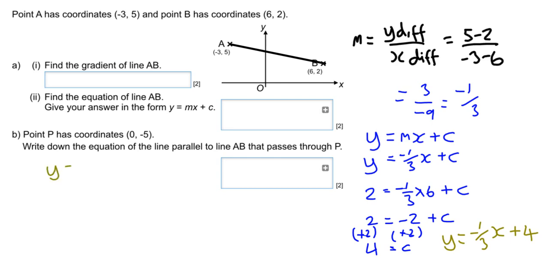So I can do exactly the same thing. y equals -1/3 x plus c. It's going to be a different c because it's parallel, but the gradient will be exactly the same. But this one goes through (0, -5). So this time I can just substitute in 0 and -5.